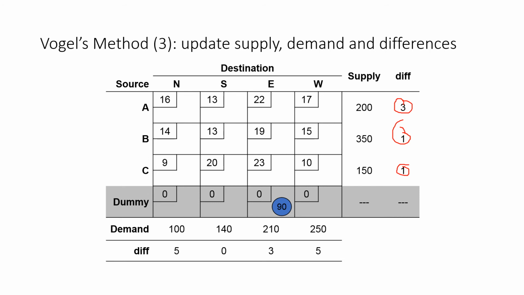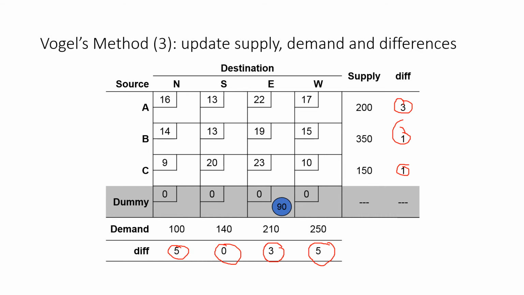So 14 minus 9 is 5. And then we have 13 and 13 is 0, and then you have the difference between the smallest two costs in the third column to be 3, and the smallest two costs in the fourth column to be 5, being the 10 and the 15. So again, what we do here, we select the largest difference. In this case, it is 5.